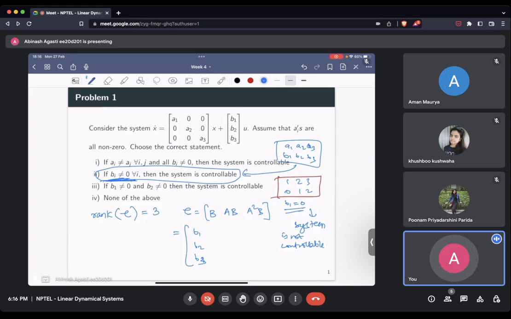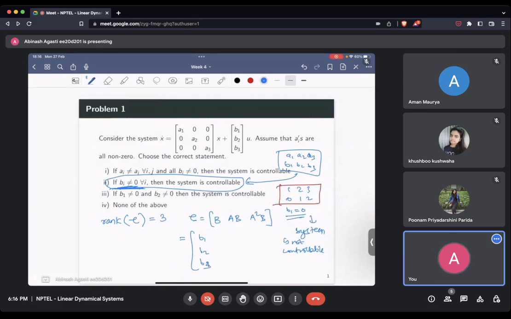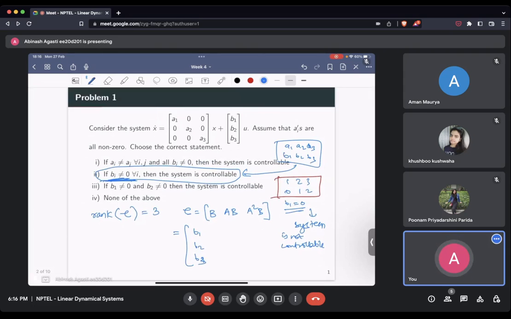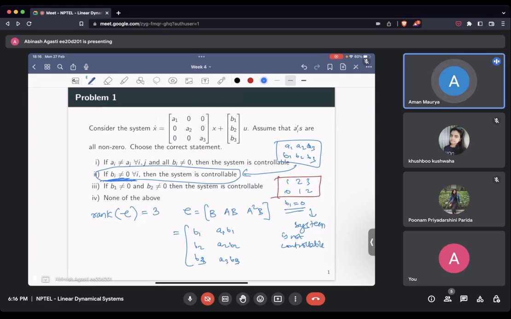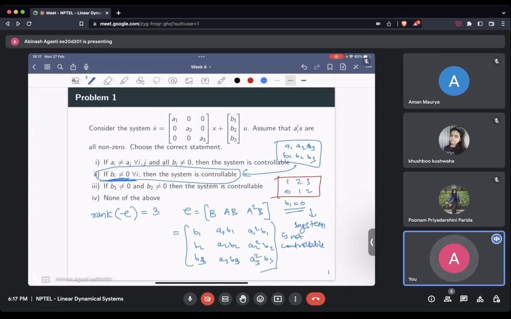So the first column is just B, which is B1, B2, B3. What about AB? It should be A1 B1, A2 B2, A3 B3. Now A square B: A1 squared B1, A2 squared B2, A3 squared B3. So this is the controllability matrix, right?